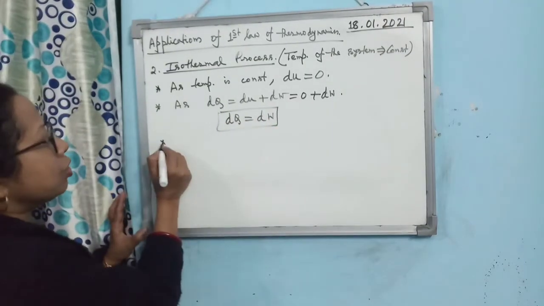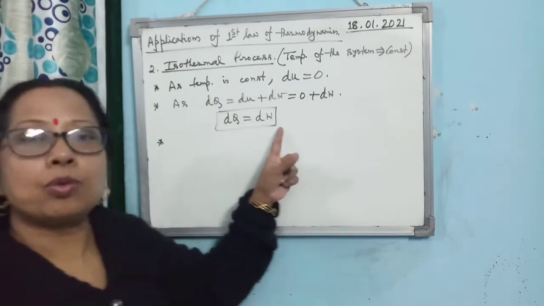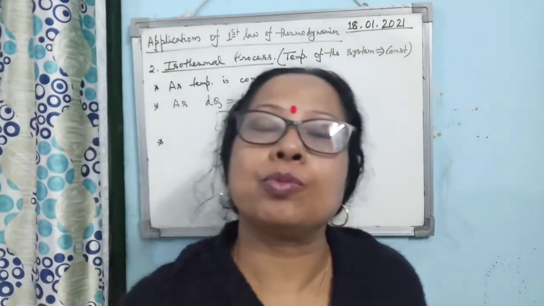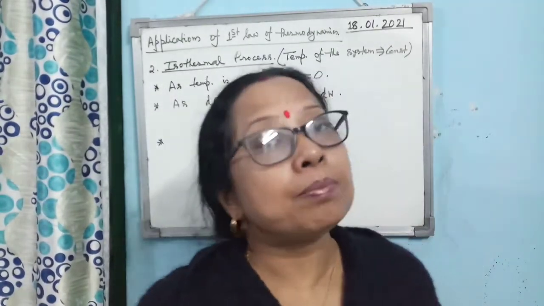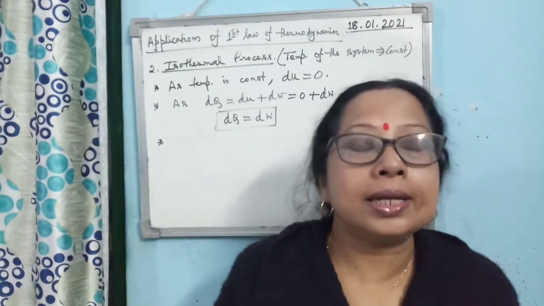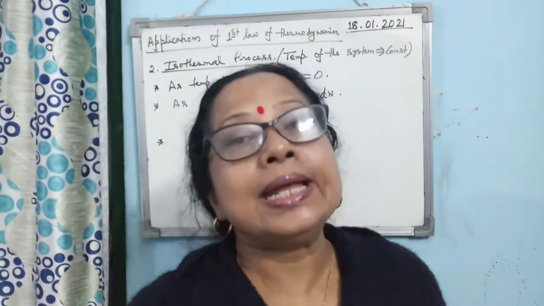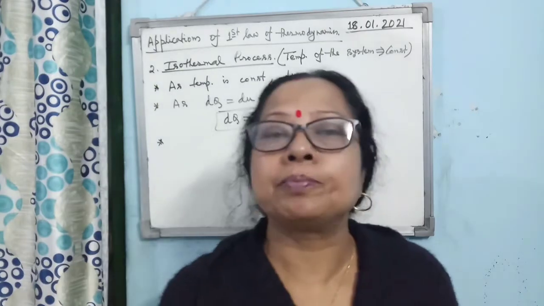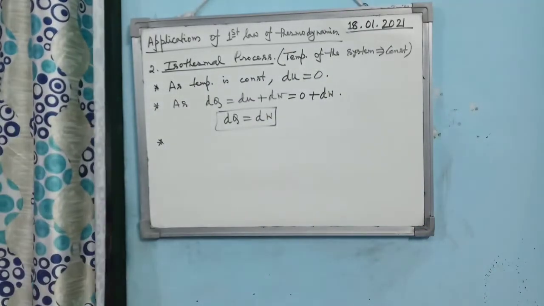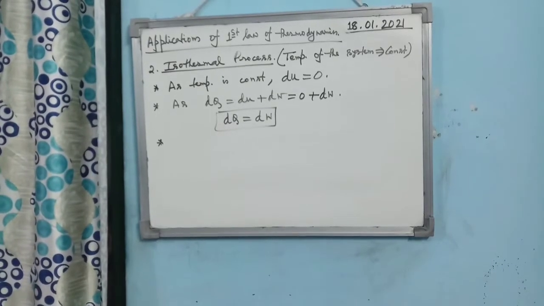When dQ is positive, dW is positive: heat is given to the system, it will expand and work will be done by the system. And when dQ is negative, dW will be negative: heat is taken away from the system, it will contract and work will be done on the system. So the last two points are the same as those of the cyclic process.